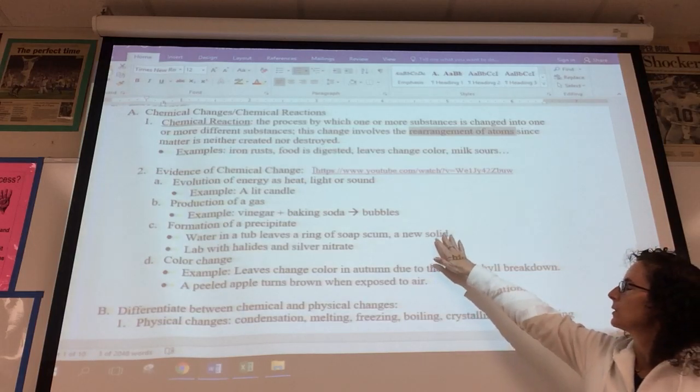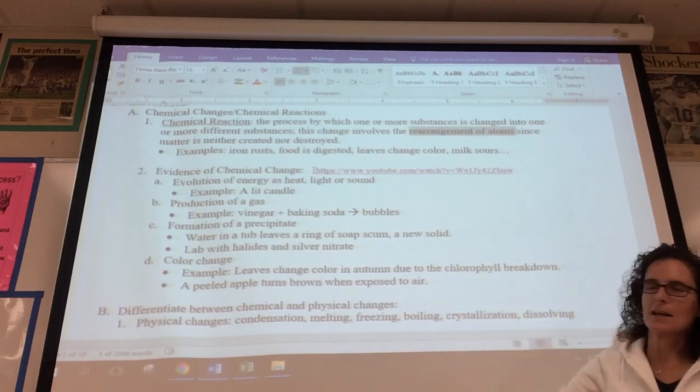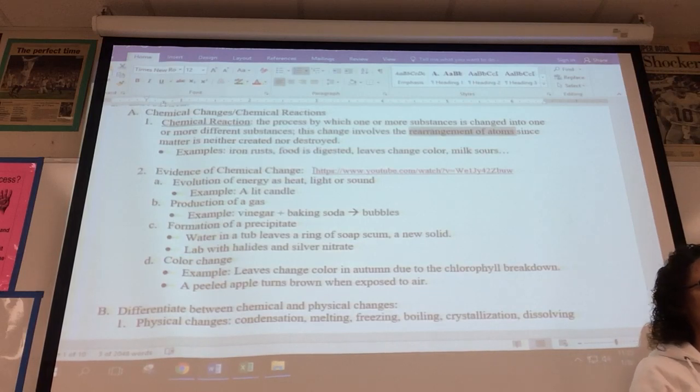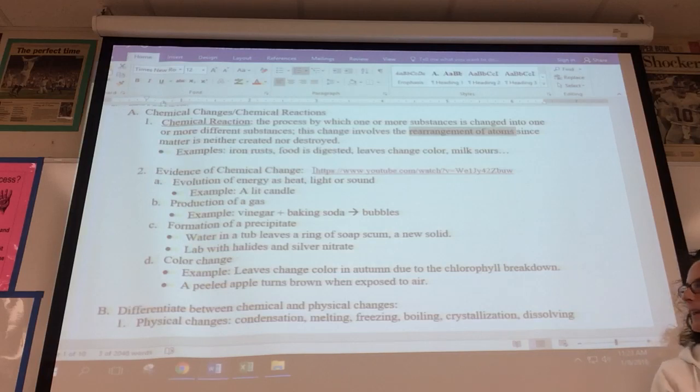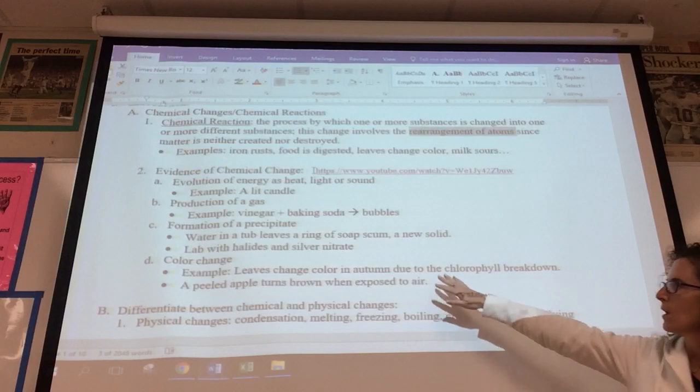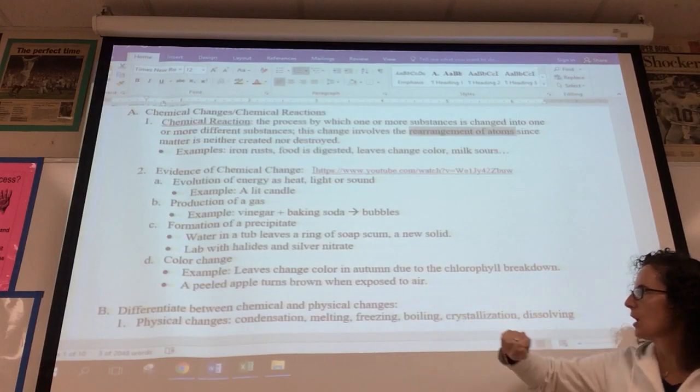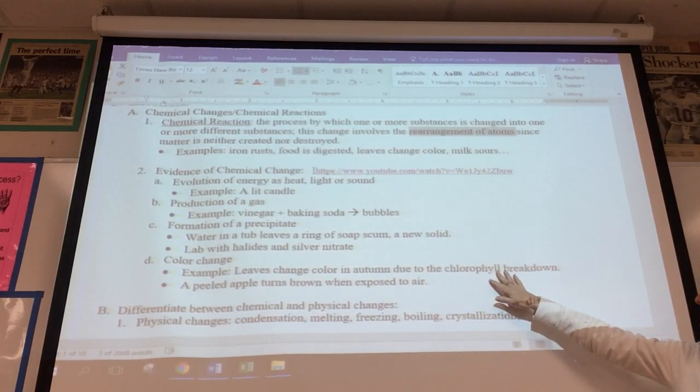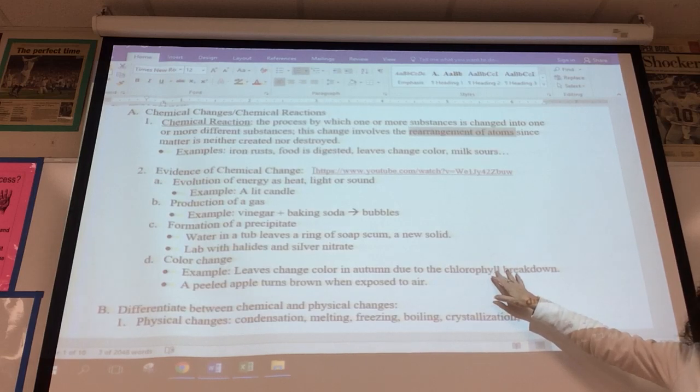If you have younger siblings, perhaps they take baths at night, and when they get out of the bath, and maybe some of you do as well, you get out of the tub and you drain the tub, and there is often a ring of soap scum where you initially had water and liquid soap. You get that solid caked on formation. I already mentioned that leaves change color up north when the chlorophyll breaks down, caused by the decrease in temperature as well as the decrease in the amount of day length.